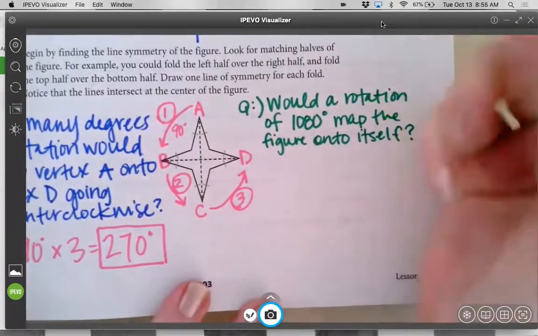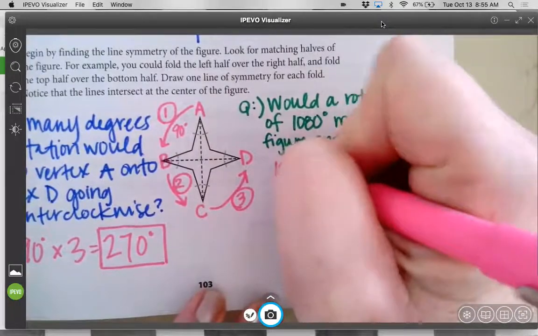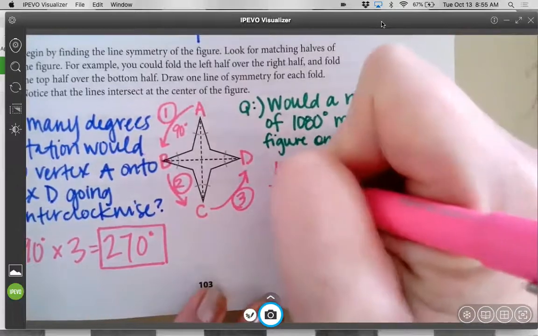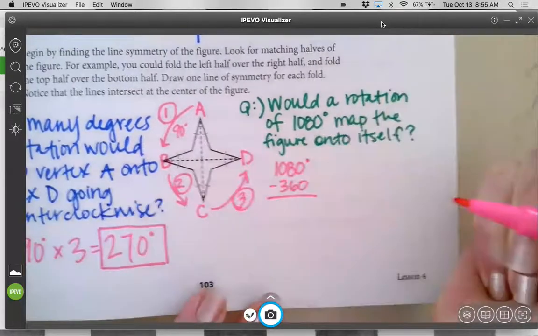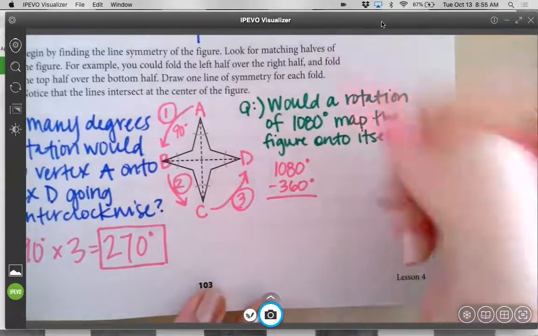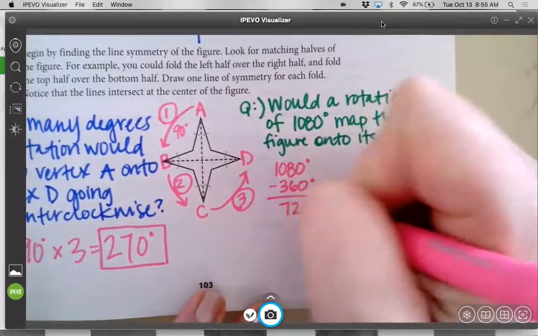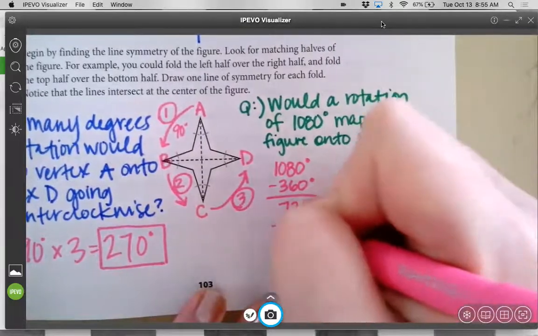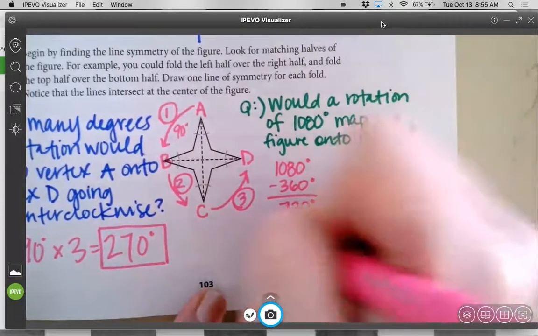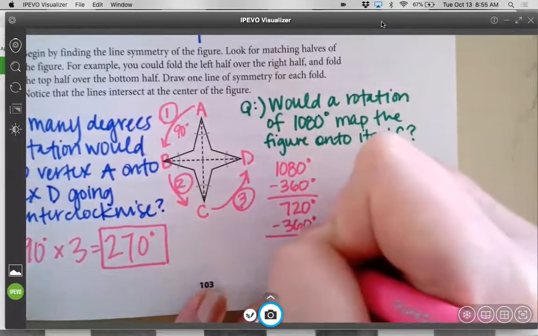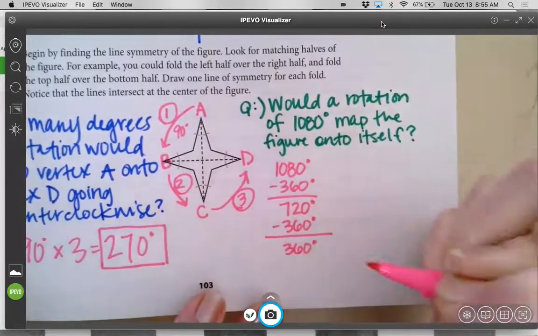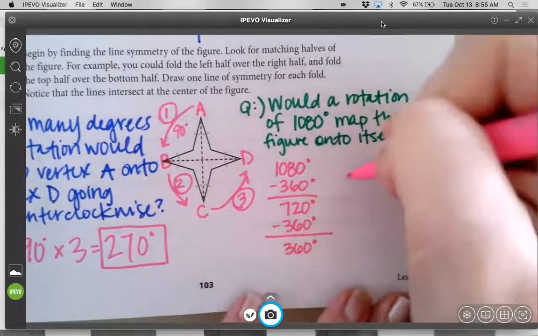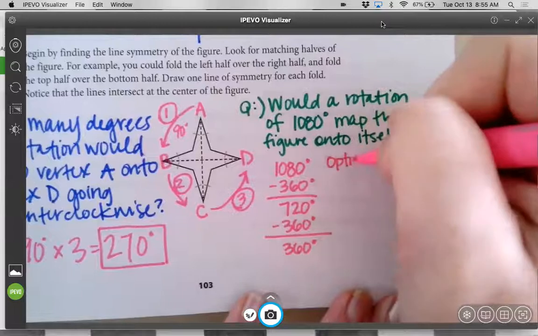That way you don't have to work with remainders, but you can work with 360. 360 would take out whole circles, right? So if I take 1080 and I subtract 360, that's going to be 720. And if I take 720 and I subtract 360, that's going to give me another 360.